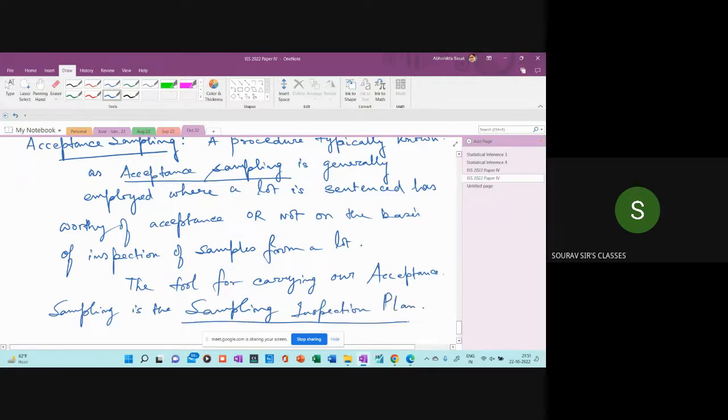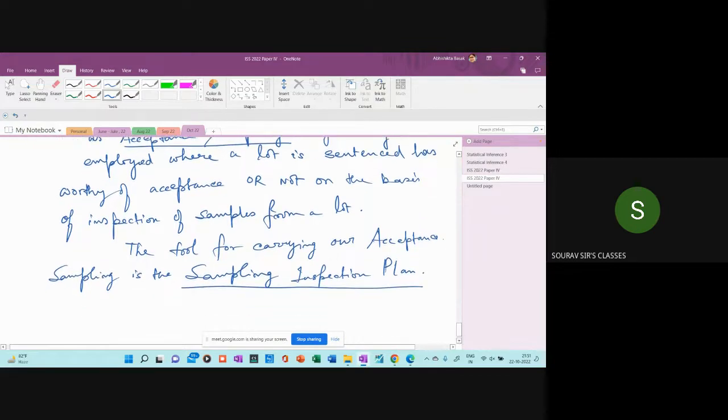This is what we call the sampling inspection plan. Based on these two definitions, we can go for the particular definition of the OC curve.